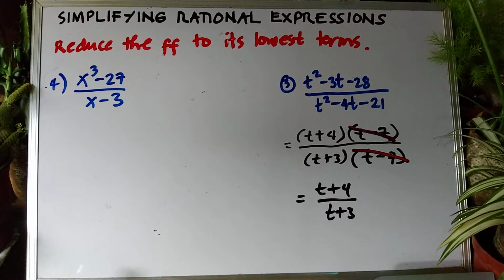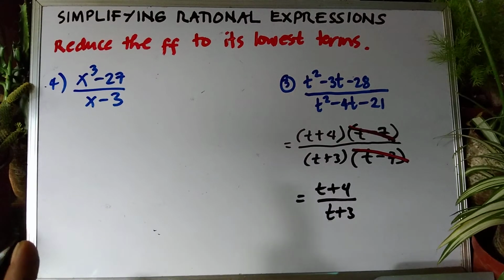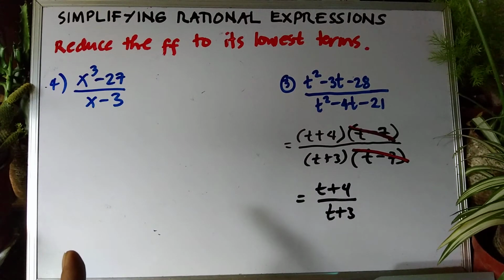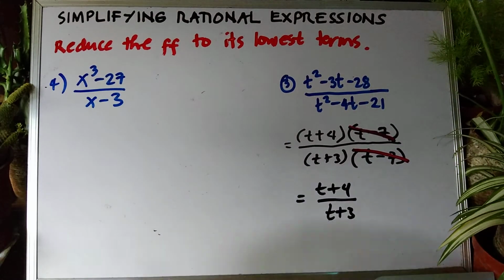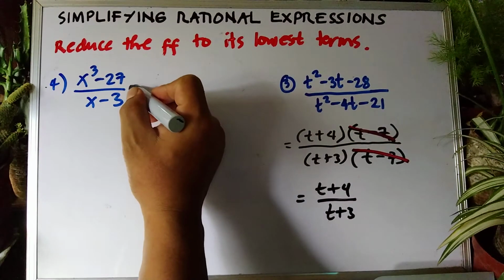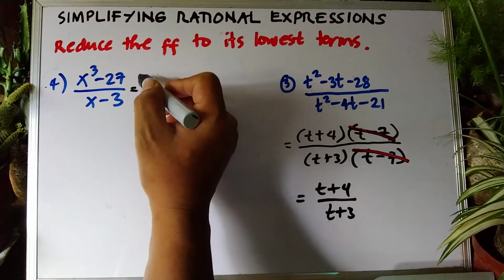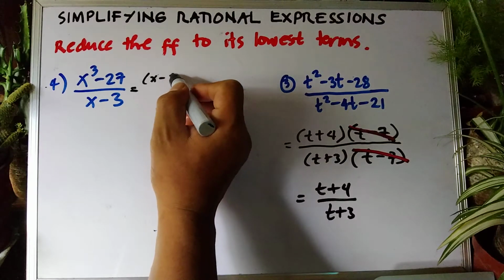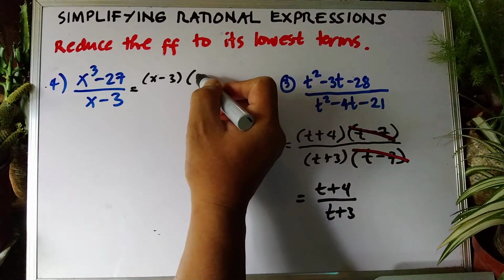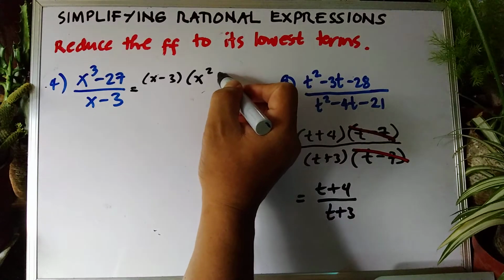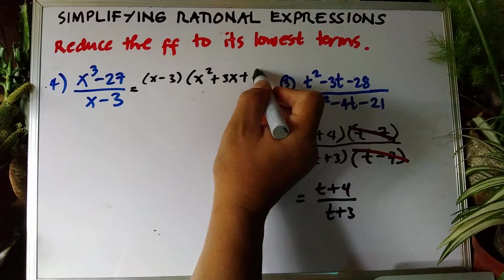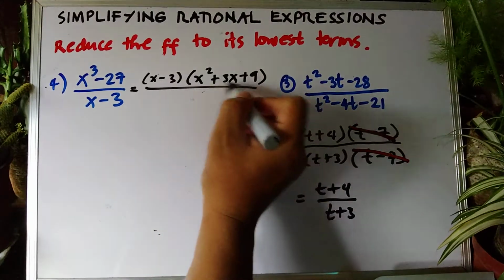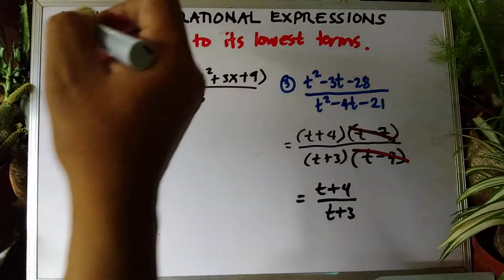As you can see, the denominator is x minus 3. But the numerator is a difference of 2 cubes. Correct? This is to the power of 3, and we can get the cube root of 27. Okay? So, we could factor the numerator here using the difference of 2 cubes. So, you have x minus 3 times x squared plus 3x plus 9 all over x minus 3.